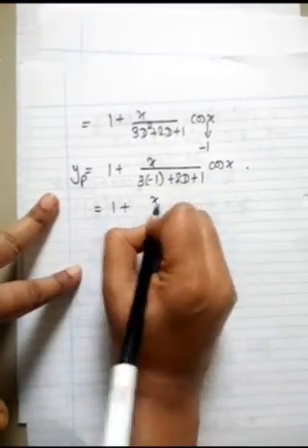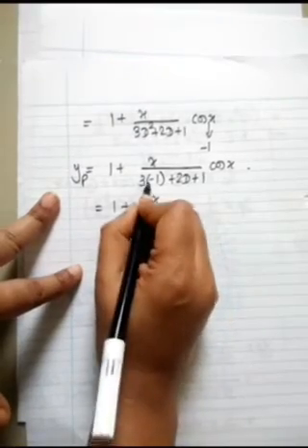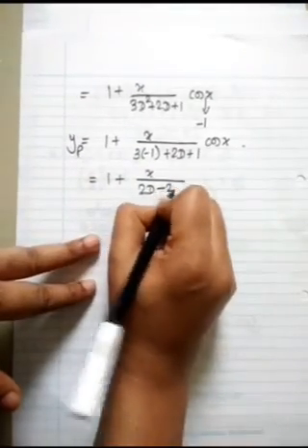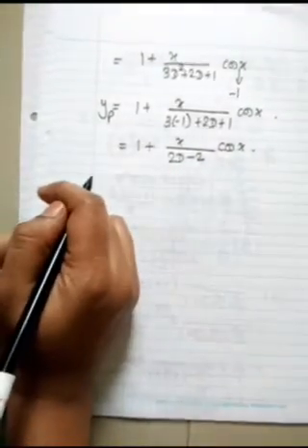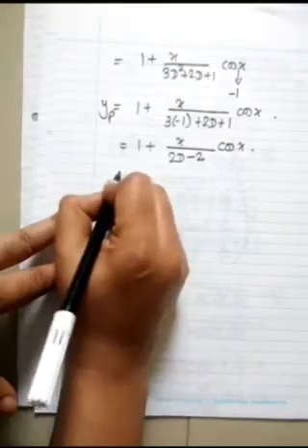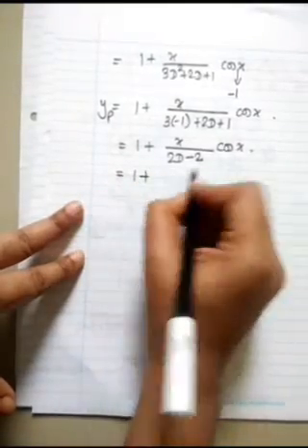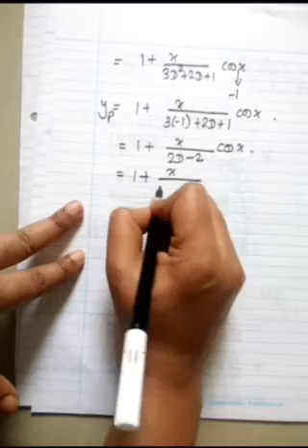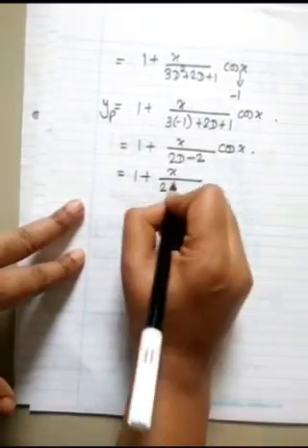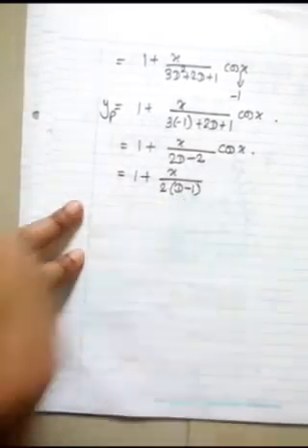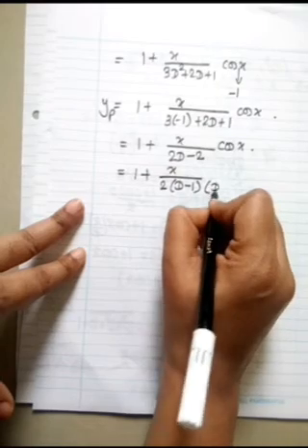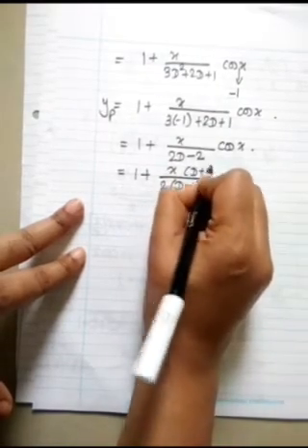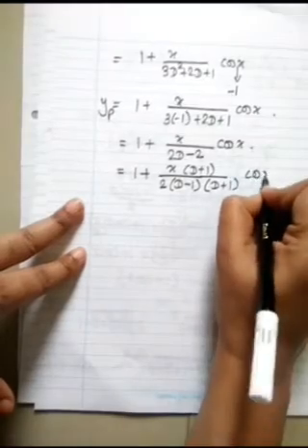1 plus x upon (2D minus 3 plus 1), that is minus 2. Now here it is D minus something, and we want D square. What to do? You can take 2 out, no doubt: 2 into (D minus 1) into (D plus 1) into cos x.